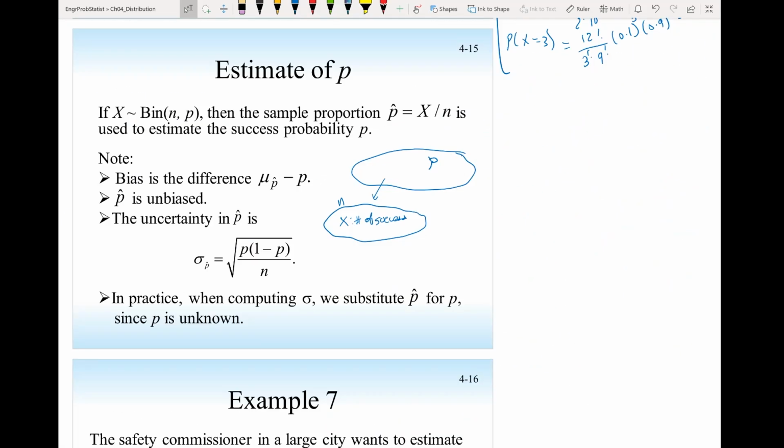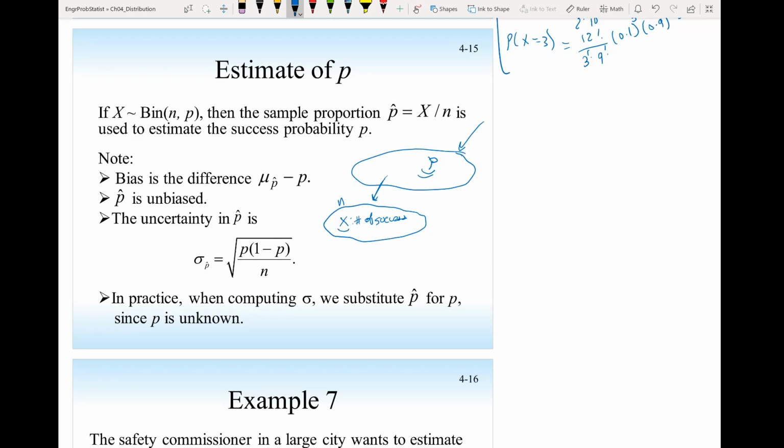Now in reality, when you have this population, you don't know the probability of success in the population. Or if an instrument manufactures transistors or memory, and you want to test what is the probability of success, that means working transistors. How do you estimate that probability? Well, we take a large sample usually. So n could be 200, 1,000 transistors, and we test them.